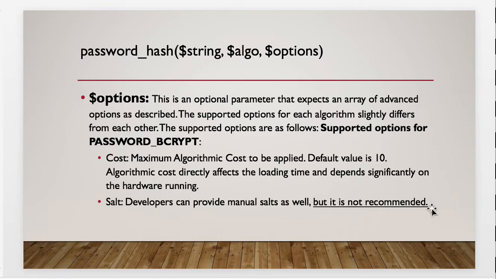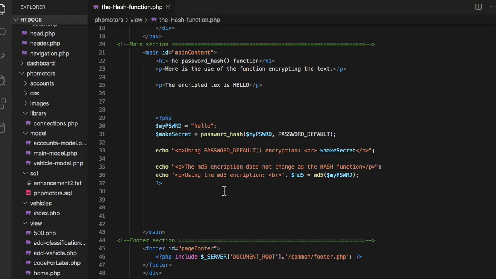It is recommended not to use it, in fact, because of the reason that we just mentioned: the algorithm will use the most recent encryption options out there. So I will present a little example of how this works.